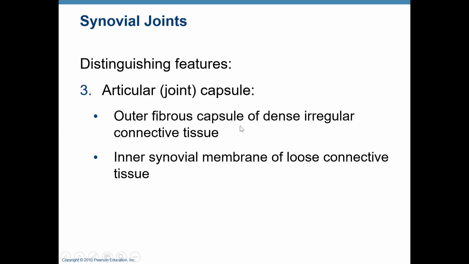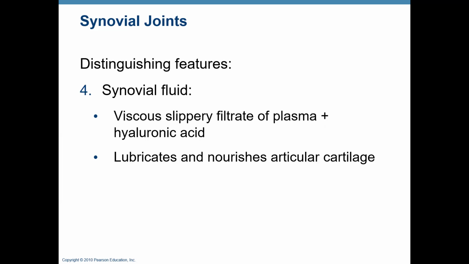The capsule that connects the two bones has a fibrous portion of dense, irregular connective tissue, and that should allow movement in many directions. And there's an inner membrane of loose connective tissue called the synovial membrane, which makes synovial fluid for lubrication. Again, it reduces friction.